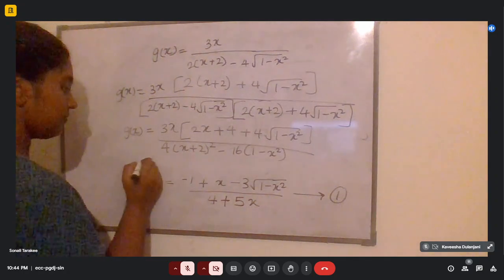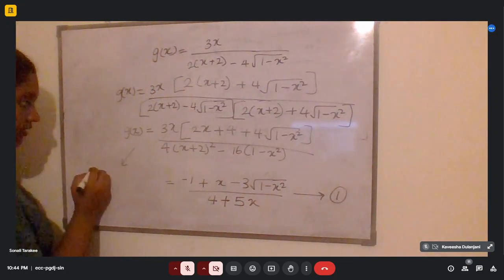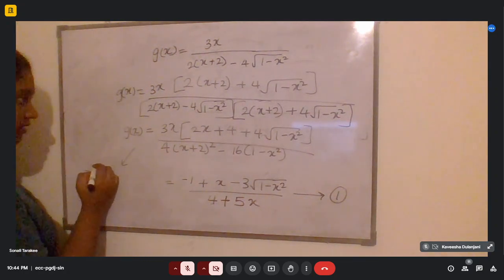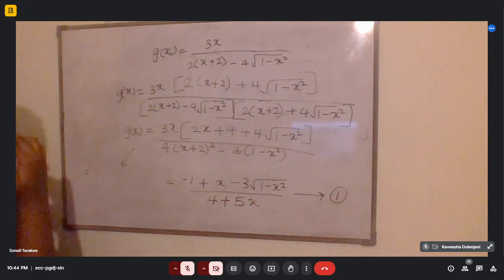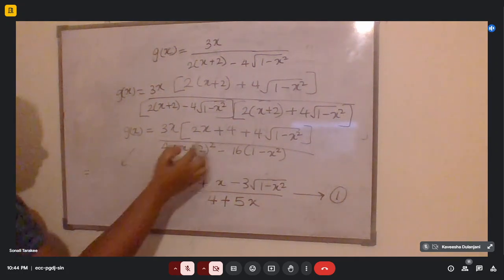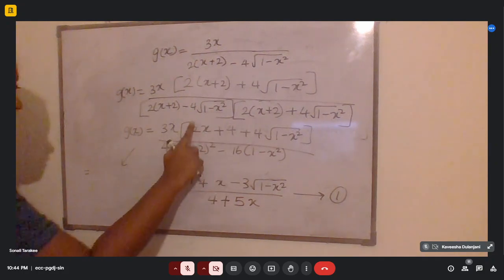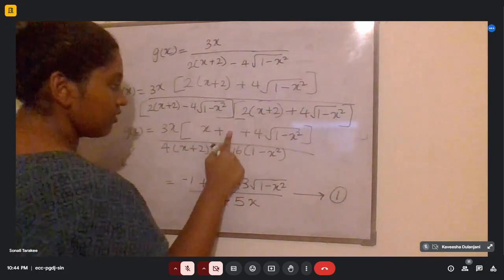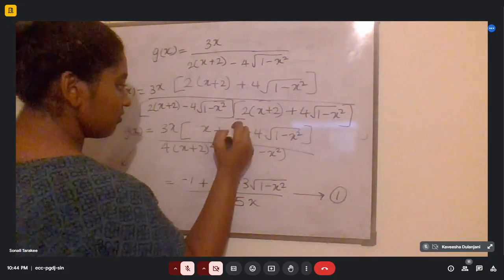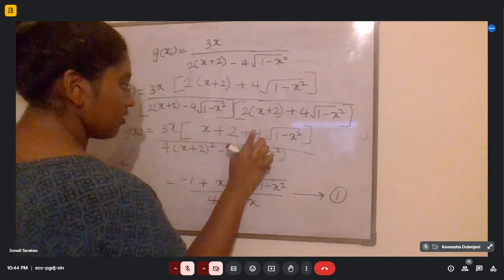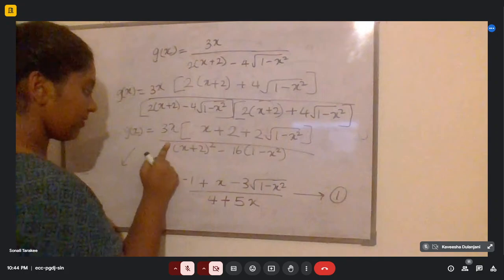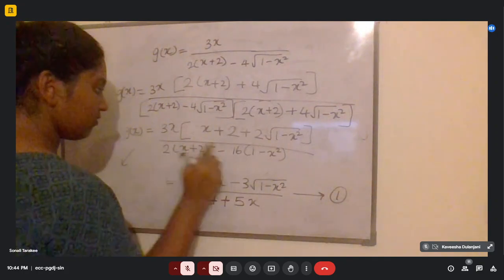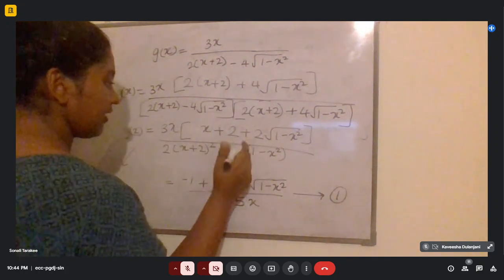So I'll simplify it here. We can divide the whole thing by 2 here. Here 2, here also 2, here also 2, 2 and 8.